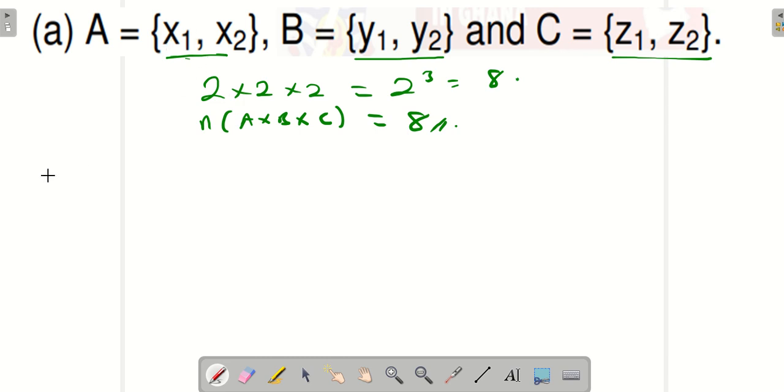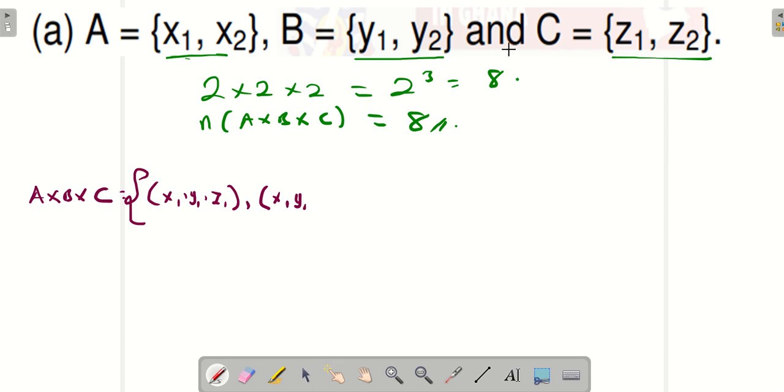Now, to start, we are finding A cross B cross C. And this is going to give us the first combination. We will take X1 to pair Y1. Then it will also pair Z1. That is the first one. Then we will take X1 again to pair Y1.